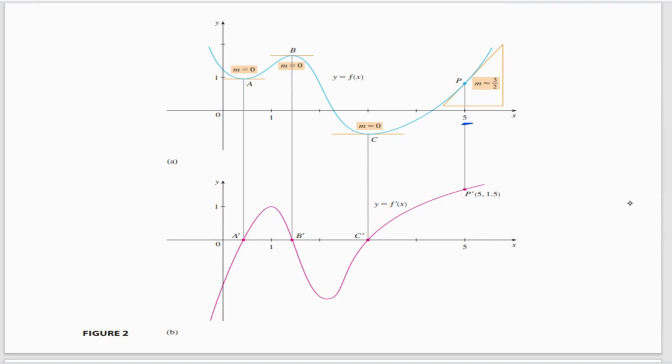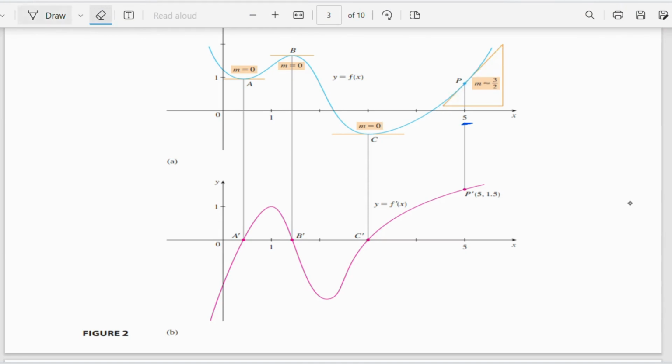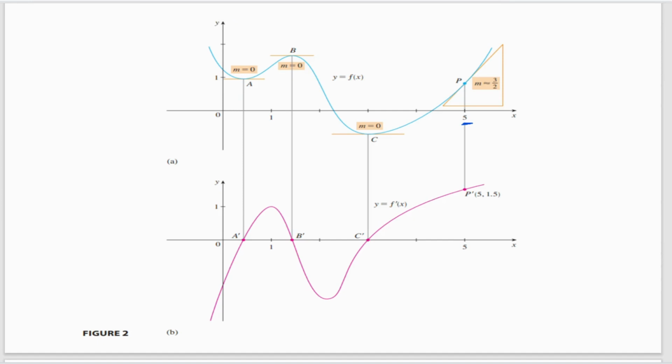They call the point P. So if we draw the tangent just like this, okay, it's not a straight line, but as it's shown, it's a straight line here, and because we don't know all the values of the function, we can just estimate the value of the slope, and the book estimated the value as 3/2.